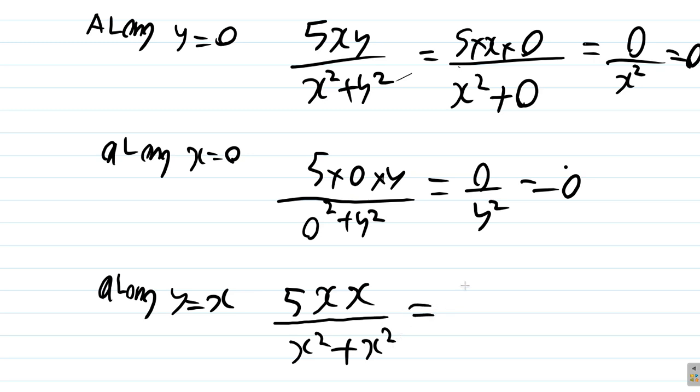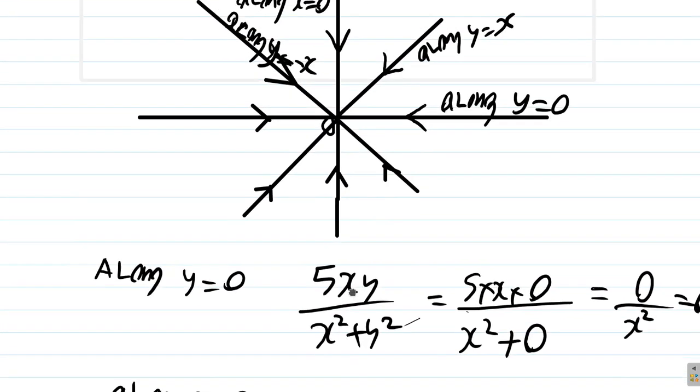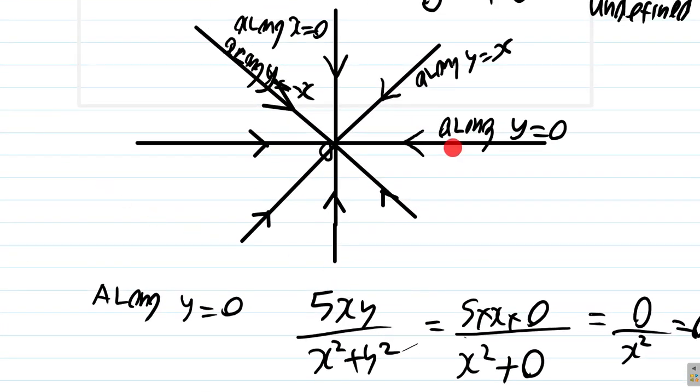Alright? Now, 5x times x is 5 times x squared, divided by x squared plus x squared, which is 2x squared. Now, x squared divided by x squared, that's 1. So we have 5 divided by 2. So you can conclude here that the limit does not exist because you're approaching 0, 0 from two different paths, so you get two different answers.